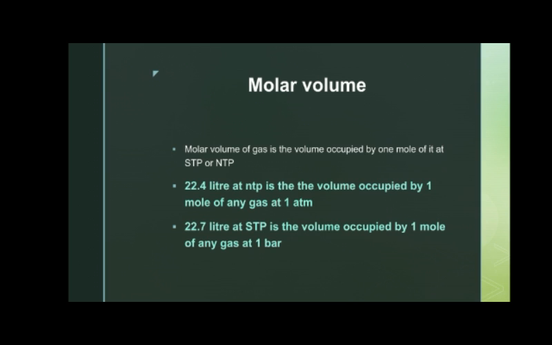STP is standard temperature and pressure. 22.4 liters at NTP is the volume occupied by 1 mole of any gas at 1 atm or atmospheric pressure. 22.7 liters at STP is the volume occupied by 1 mole of any gas at 1 bar pressure. You know, children, where atm and bar are the units of pressure.